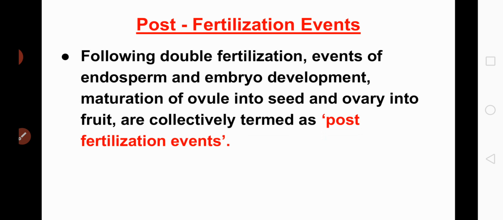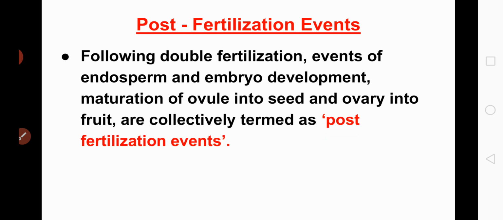Okay, now coming to the next process, that is post fertilization events. So following double fertilization, what do you mean by post fertilization events? The events taking place after the fusion of gametes, or after fertilization, are called post fertilization events.